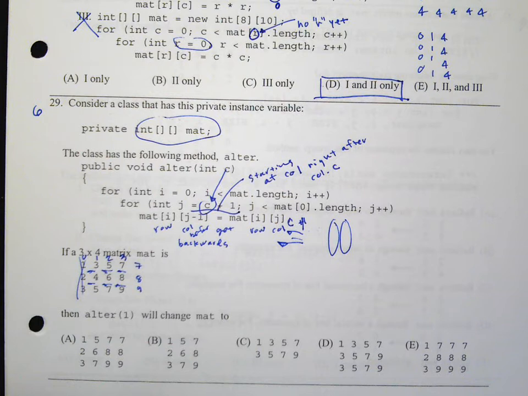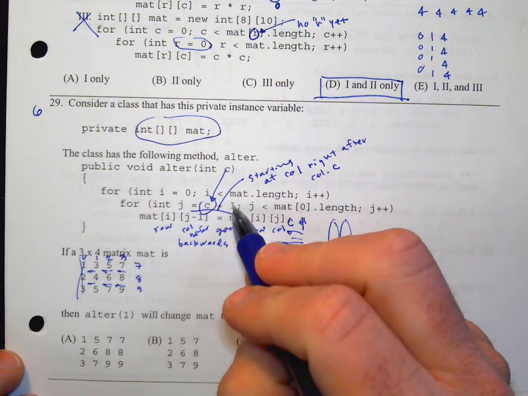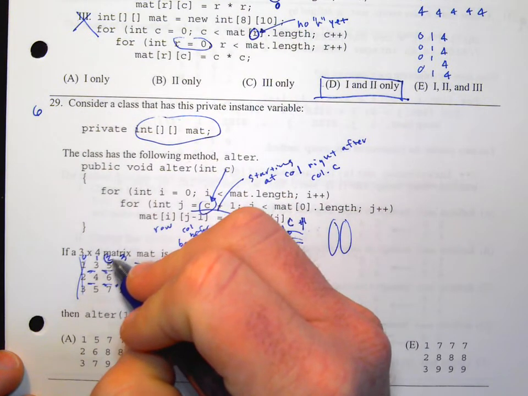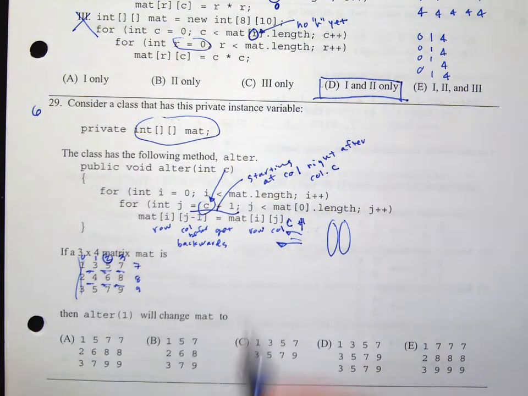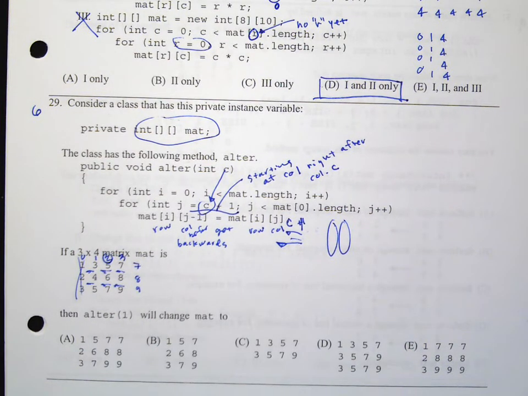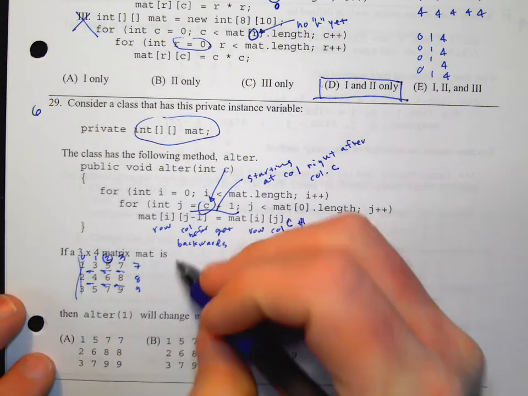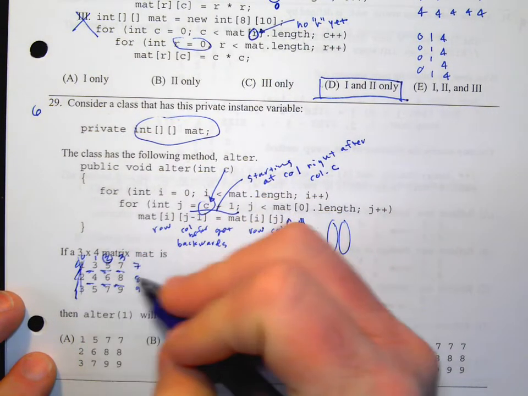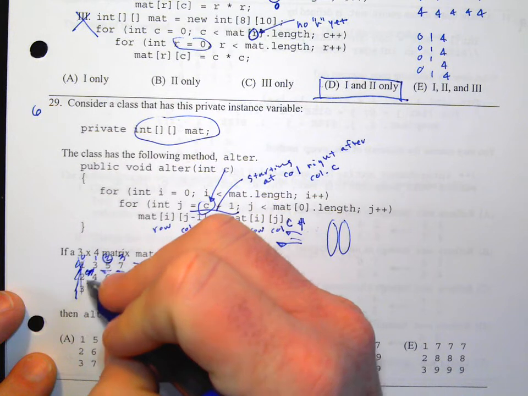All right. So let's see. Oh, wait. It starts at the column after C. So it's going to start here, but then it goes back to that. Okay. So I think now the first column remains untouched, and these ones get scooted over.